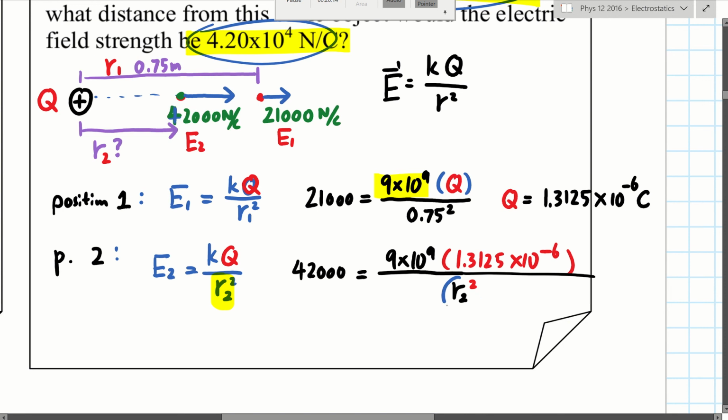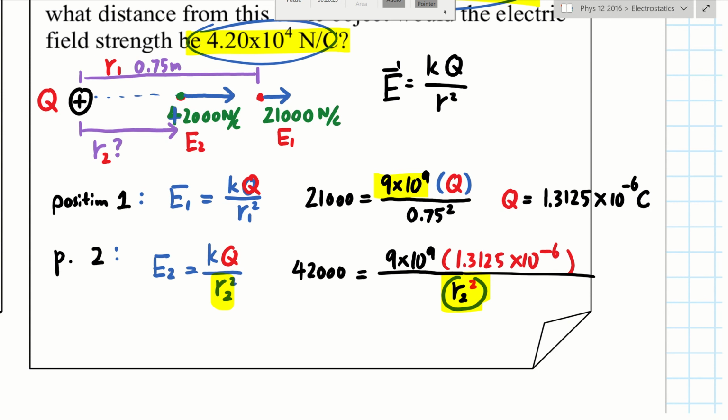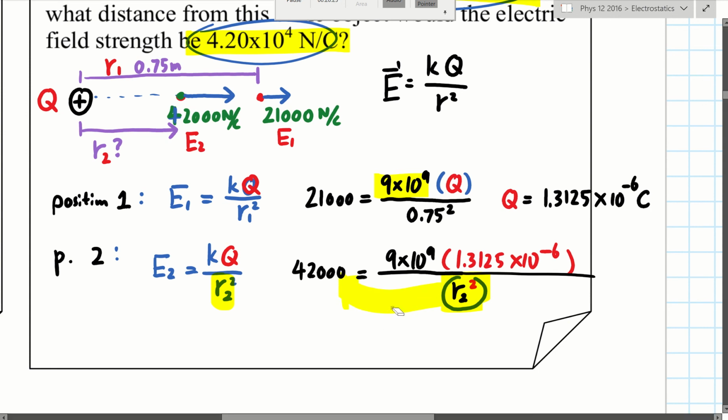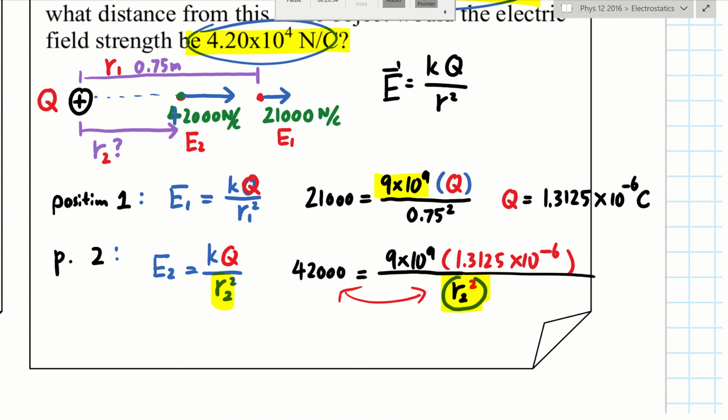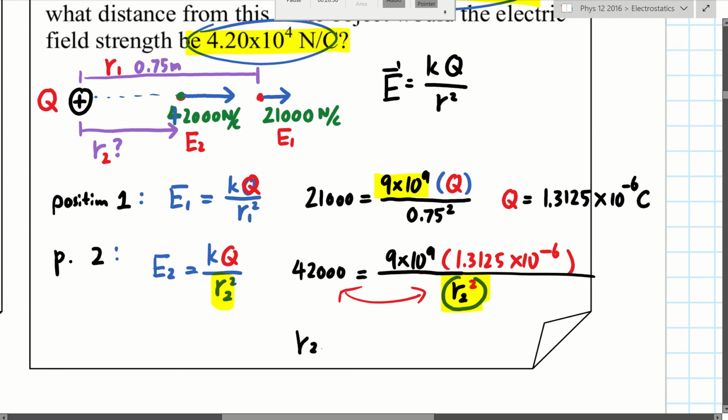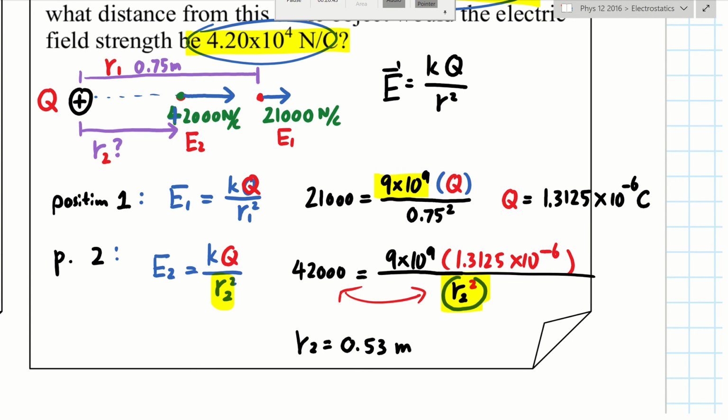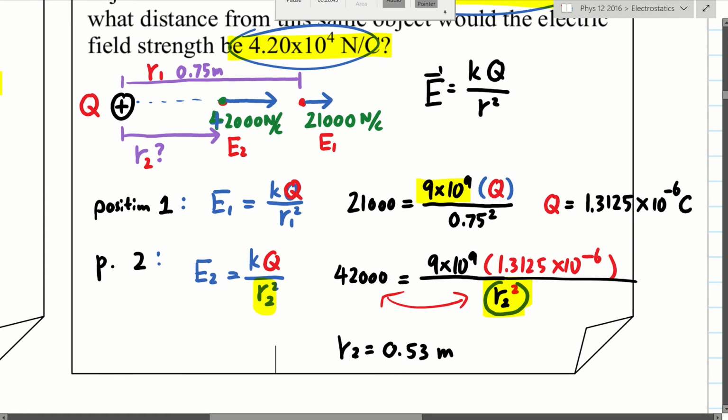Being that you're grade 12, I don't think I need to show you how to do that. Just swap between the two, get the right hand side done, and take a square root. So the final answer: R2 is about 53 centimeters, so 0.53 meters.